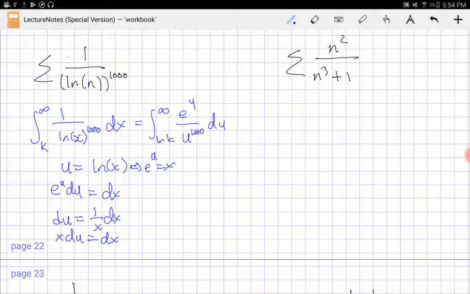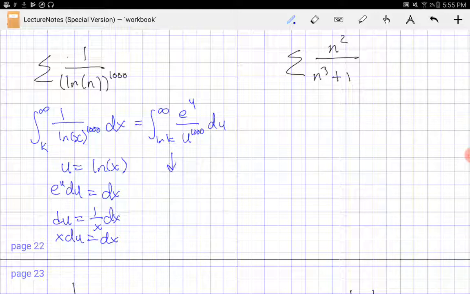I don't know about you, but I don't know how to integrate this. And since I don't know how to integrate this, what I'm going to do instead is, because I know that a series will converge if its integral converges, and alternatively, if an integral diverges, then its series will diverge too.